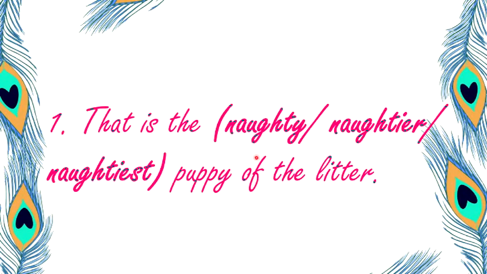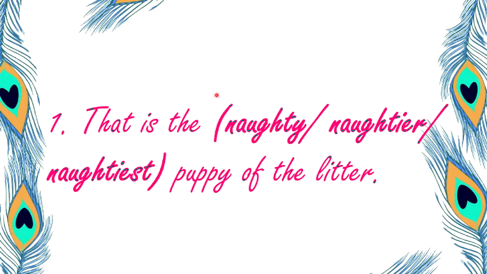Now you must have remembered that when we put the positive, comparative or superlative degree, like naughty is the positive degree of adjective here, naughtier is the comparative degree, naughtiest is the superlative degree.